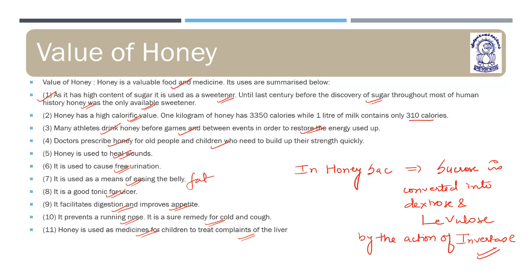There are many enemies of bees, as we have already talked about, like wax moth, scientific name Galeria melonella, wasp, black ants, bee eaters, and the king crow.